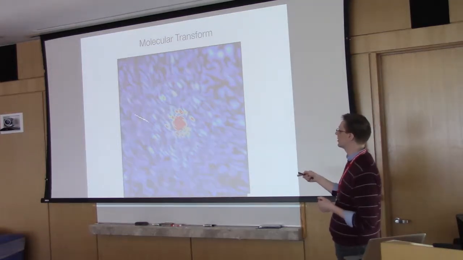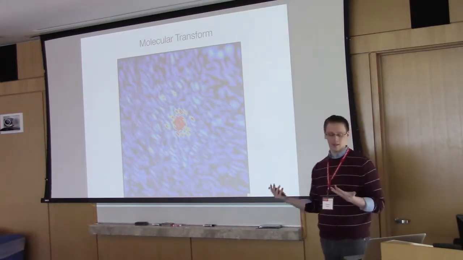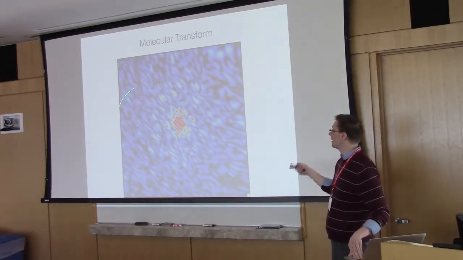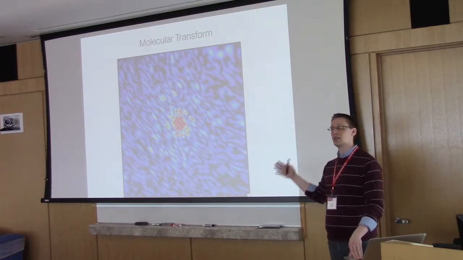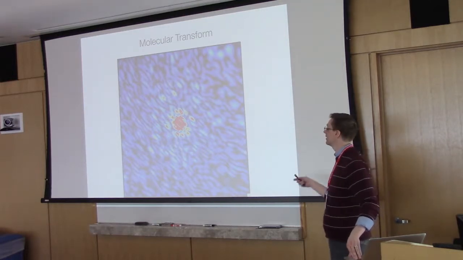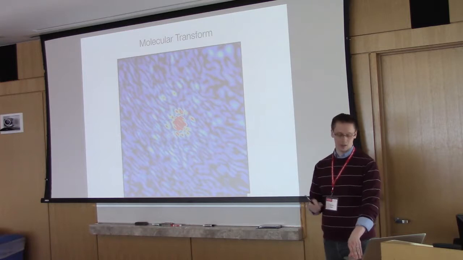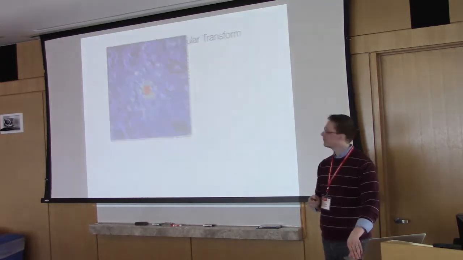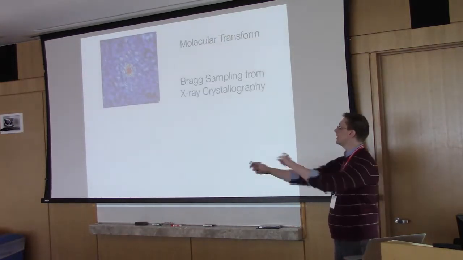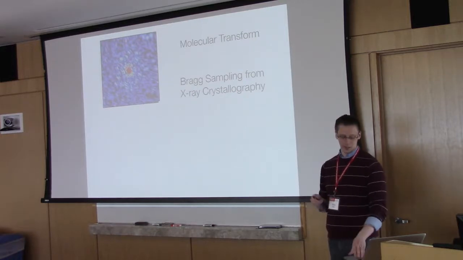And so these are fluctuations at higher resolution that if we could actually get this from an experiment, we'd be able to do an inverse Fourier transform, so we knew our phases, and be able to reconstruct the exact electron density function. And so this same basic physics is what we're using in solution scattering.